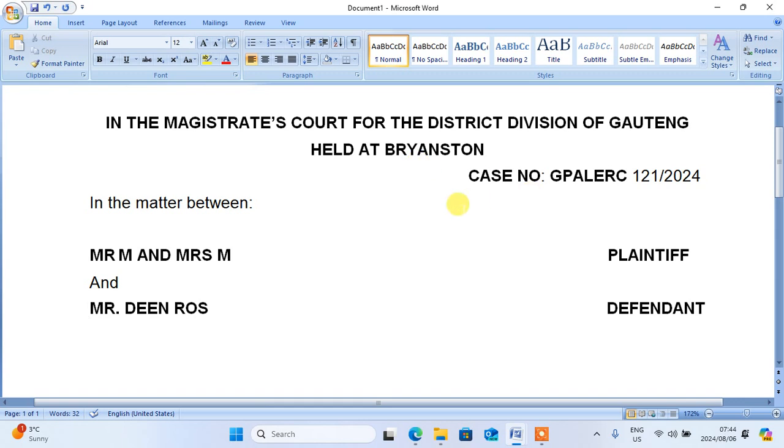Then secondly, you write a case number. You just put any case number you want here, since they never provided a case number in the scenario. And then you come and write, in the matter between. Then you provide Mr. M and Mrs. M, who are the plaintiffs, and the defendant, who is Mr. Dean Ross.